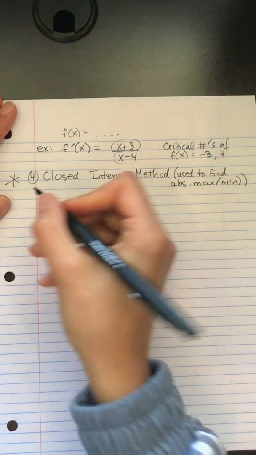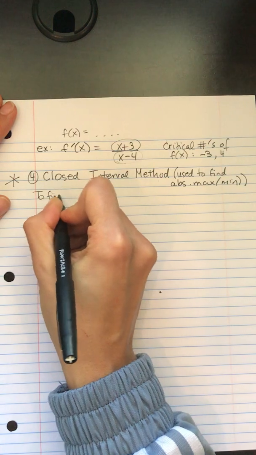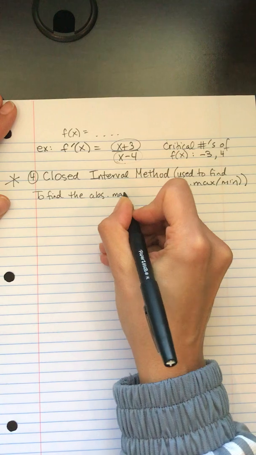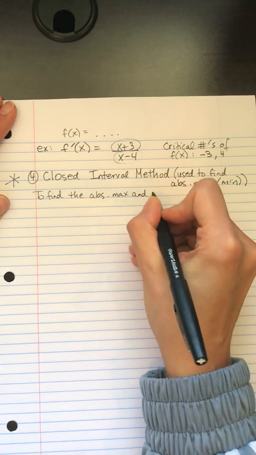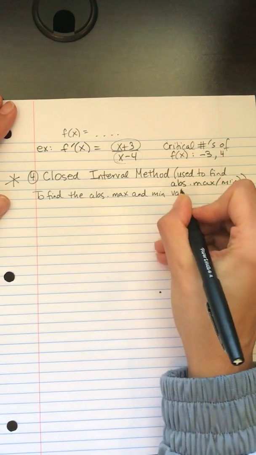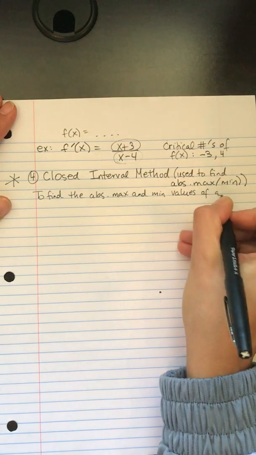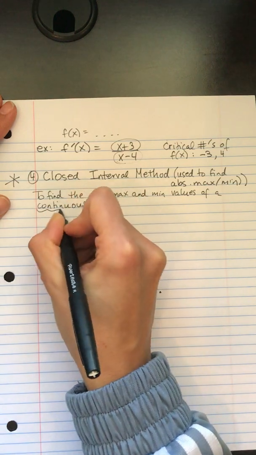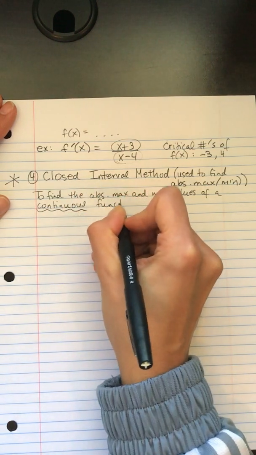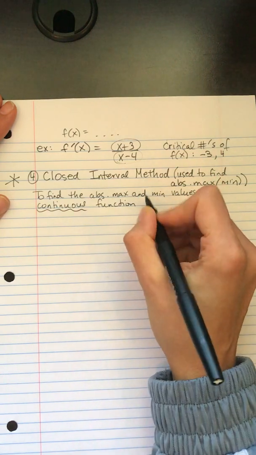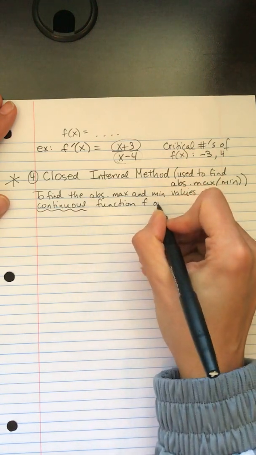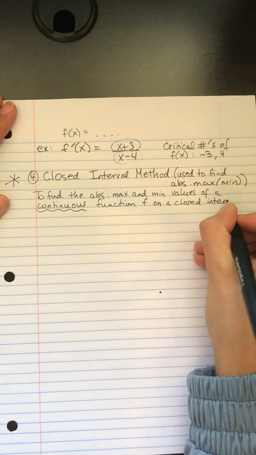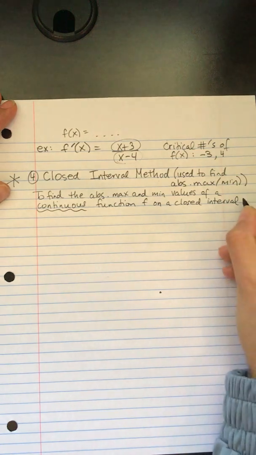So it says to find the absolute maximum and minimum values of a, super important word, continuous function f, okay, on a closed interval, and I told you that's an interval where it's bracketed, okay, a to b.